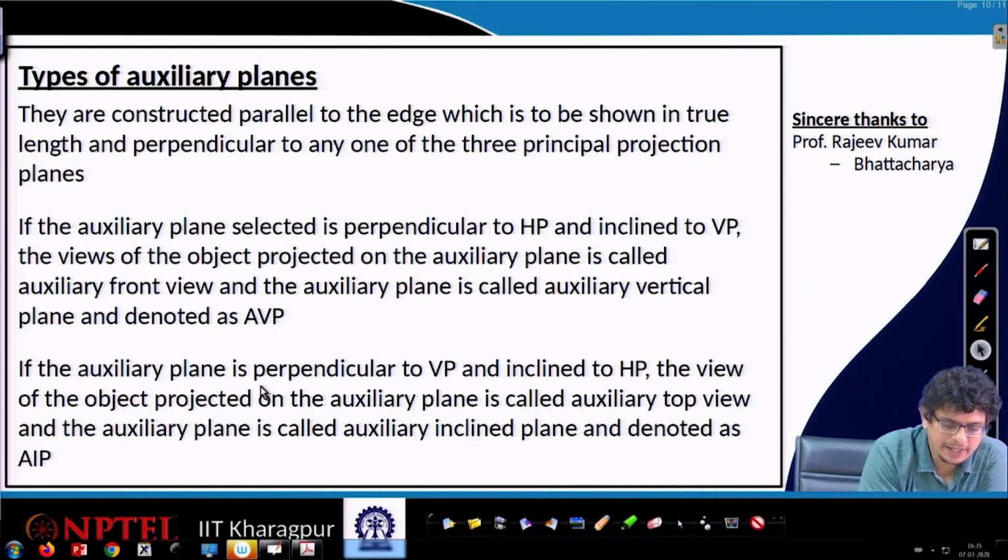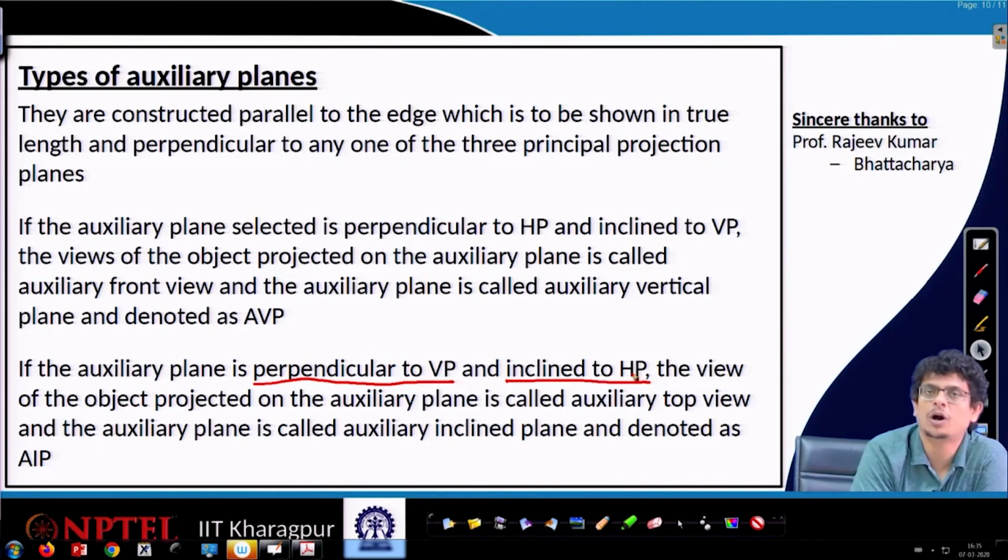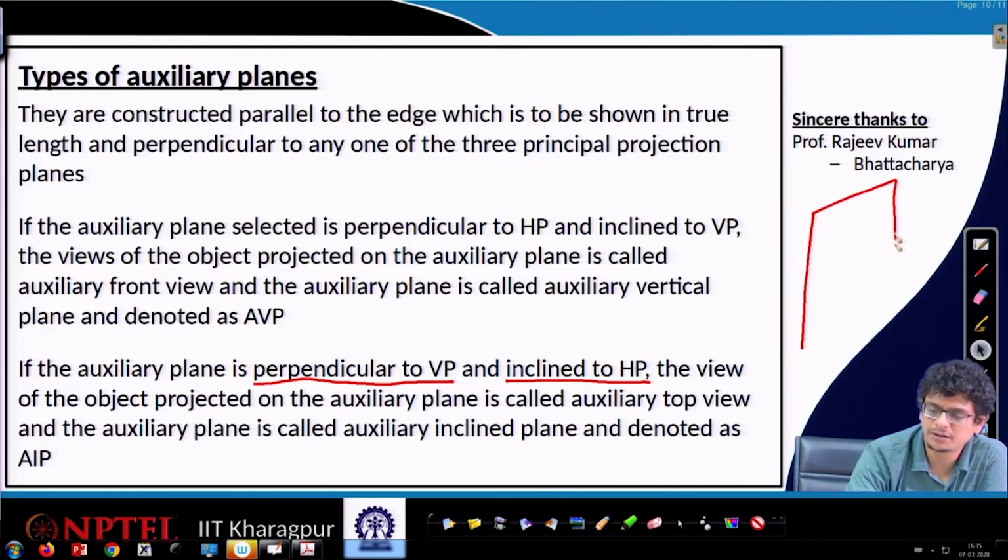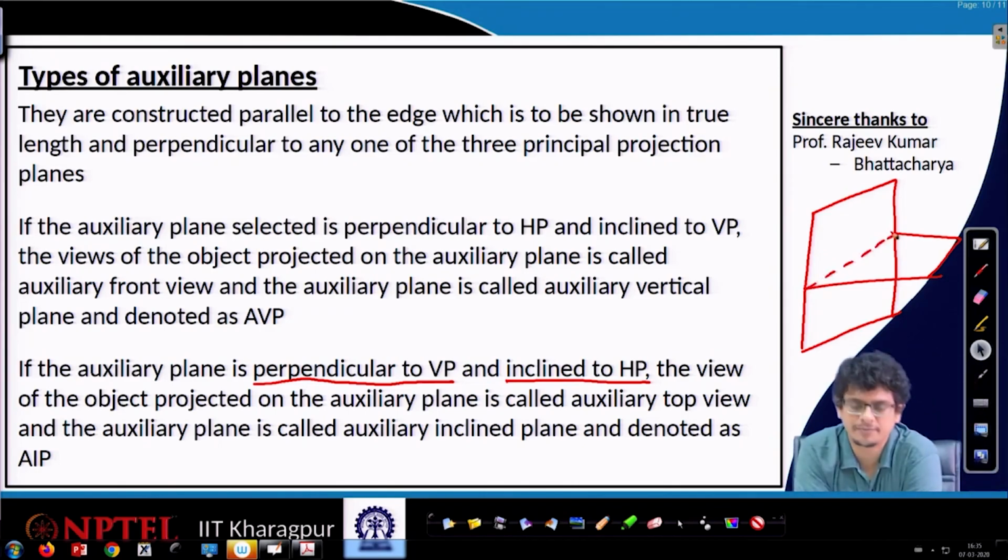If the auxiliary plane is perpendicular to the vertical plane and inclined to the horizontal plane, this is the vertical plane, and this is the horizontal plane.